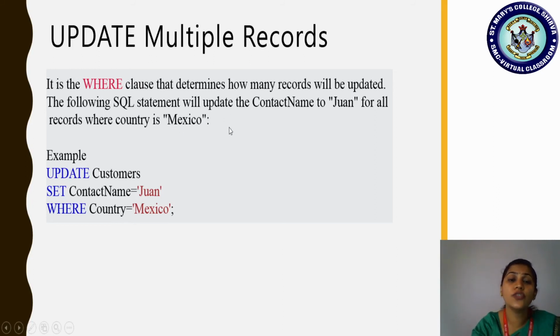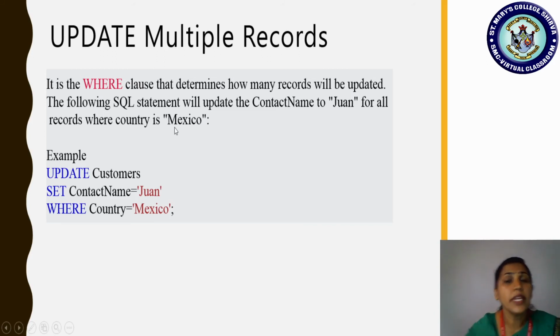Just check out here, students. The following update statement is going to change the contact name to Jan for all the records whose country attribute has the value Mexico.